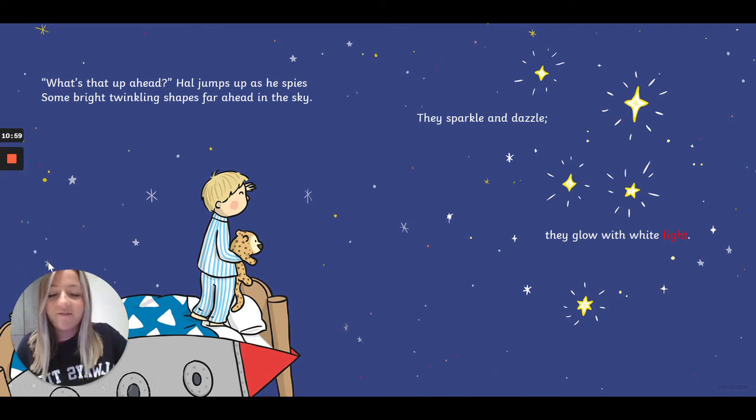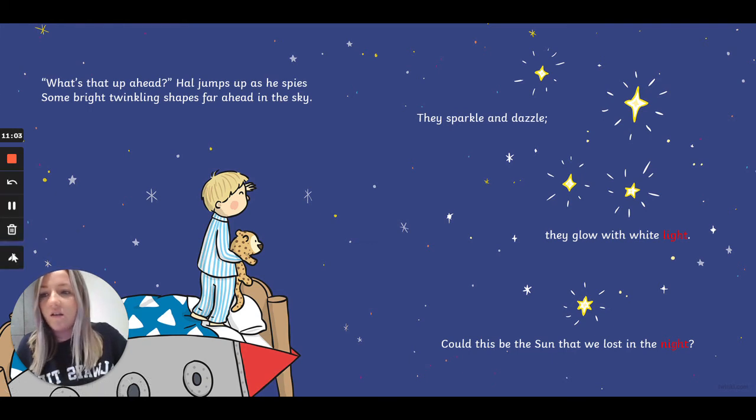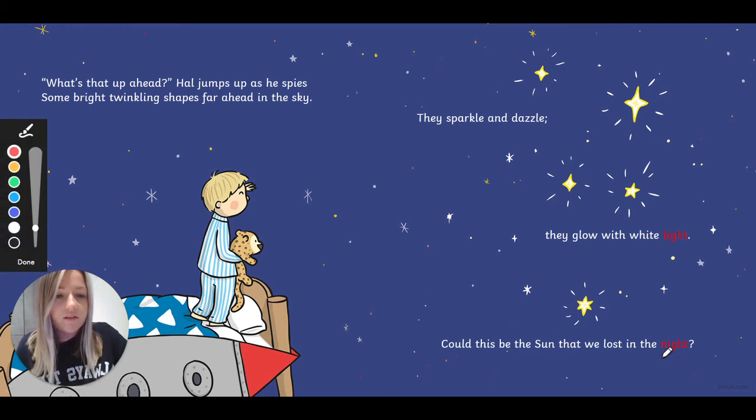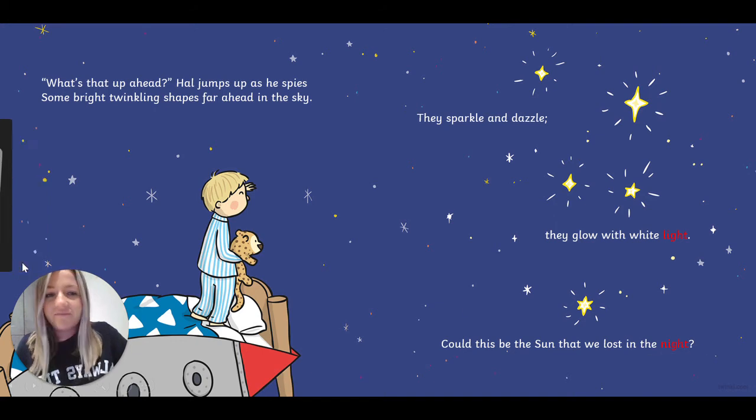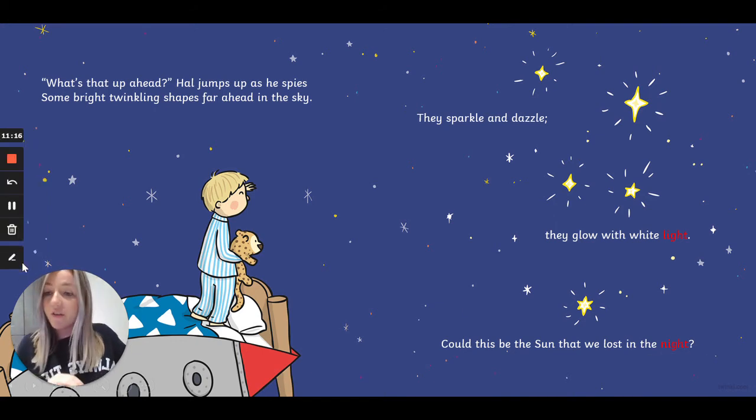Light. Could this be the sun that we lost in the... Another one. Sounds like light, but it's night. In the night. Are they the sun? Is that what the sun looks like?